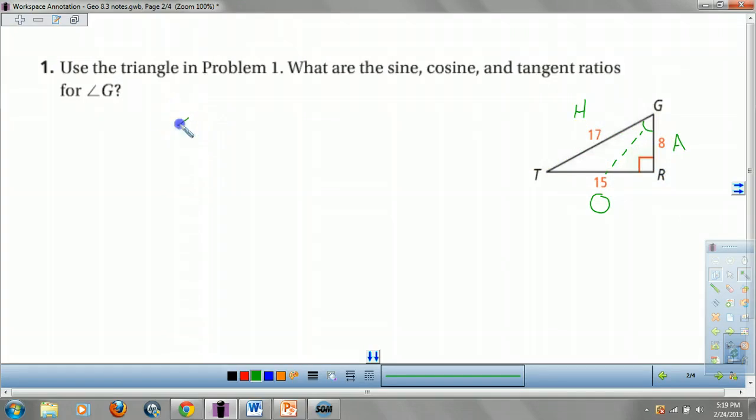I'm going to call this angle theta. Theta is a little circle with a line in it. Sine of theta equals, well, let's think about this. SOHCAHTOA.